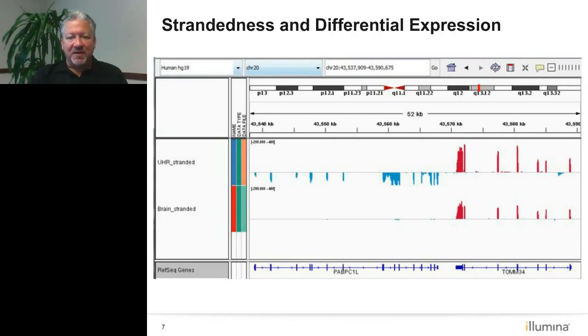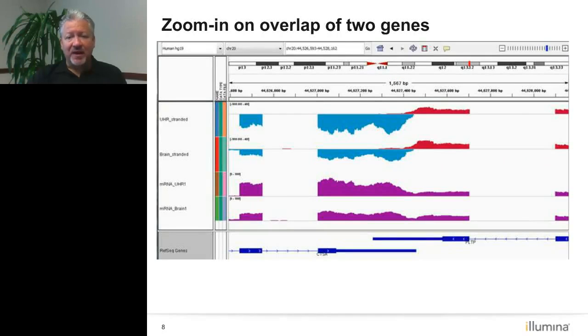And so we align data in our prep, because we preserve the strandedness of the data using the TruSeq RNA prep process, we know that this data comes from the top or the bottom strand.